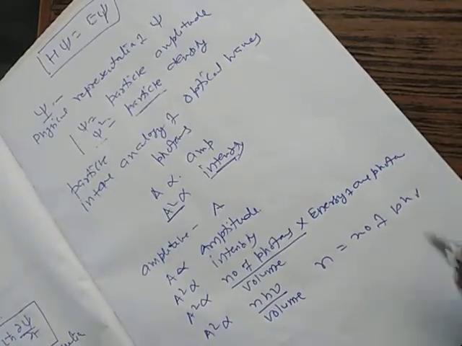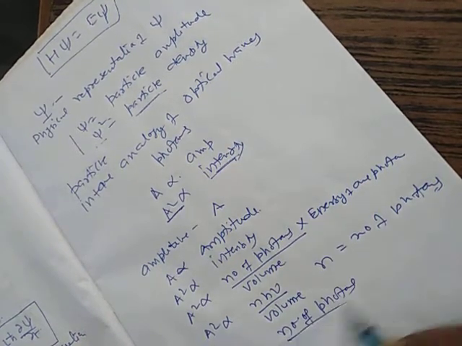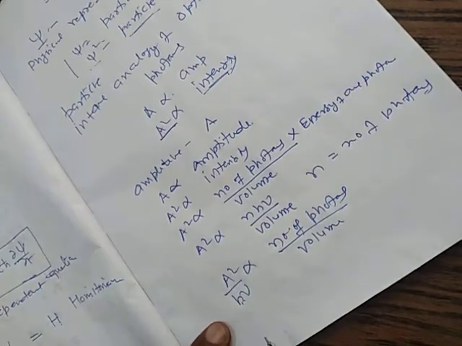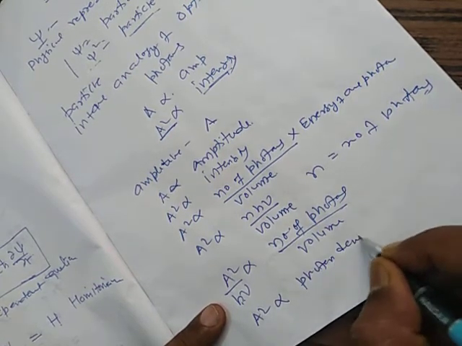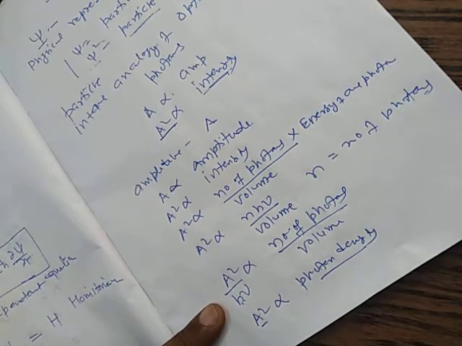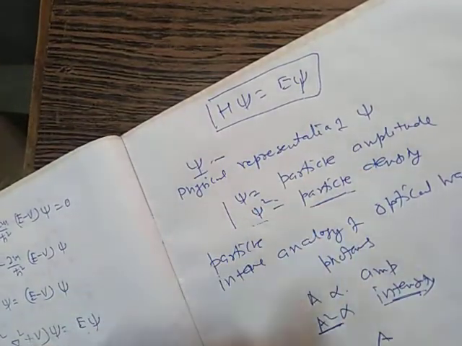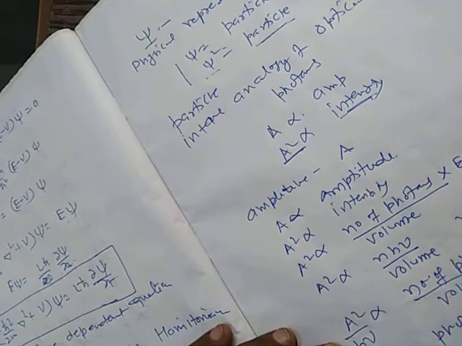If I divide by h nu, which is a constant, the energy of one photon, then A square is proportional to n upon volume, the number of photons per unit volume. So A square represents photon density in optical waves, number of photons per unit volume. In the same way psi square will represent particle density, because this equation is written for particle, and A is proportional to the amplitude of photons.